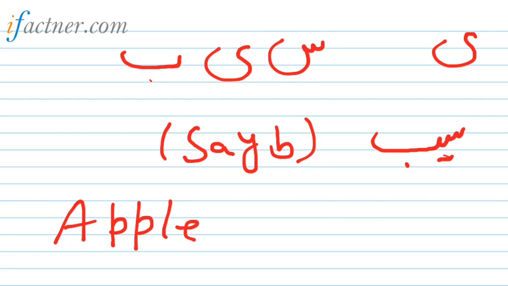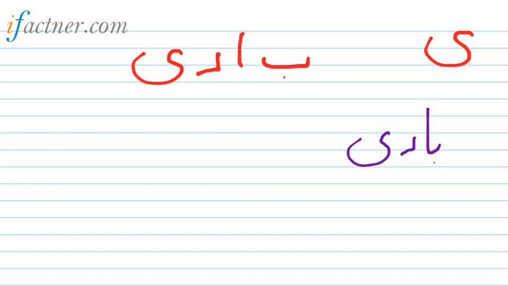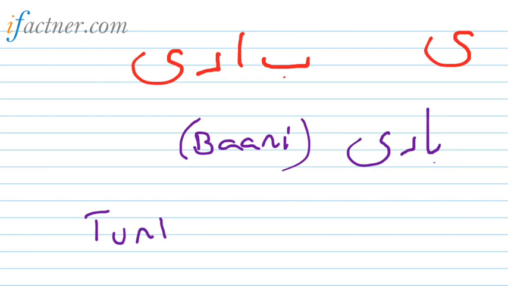Now let's see how we use choti ye at the end of the word. There is a word called bari: be, alif, re, choti ye. When we conjugate it, we have be, alif, be, re, choti ye, bari. Bari means turn. Now it's my turn. मेरी बारी है.